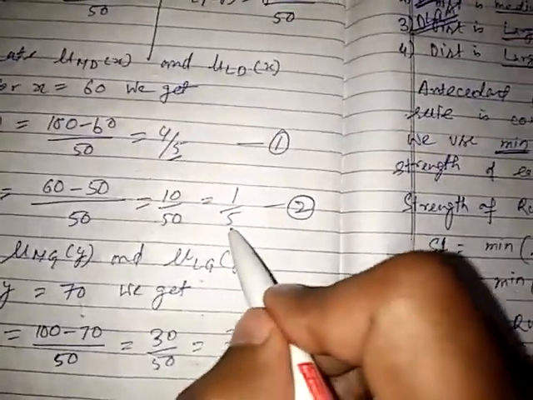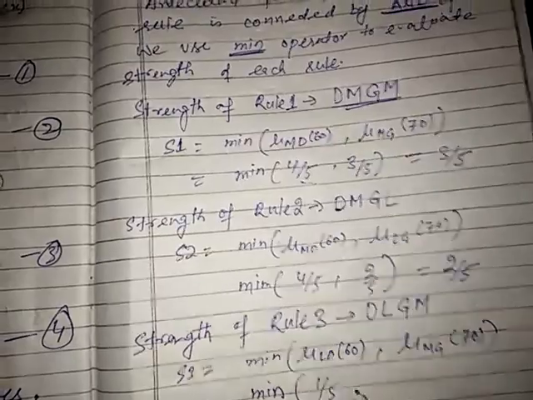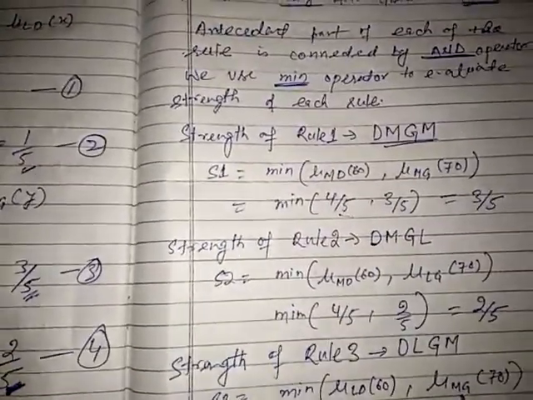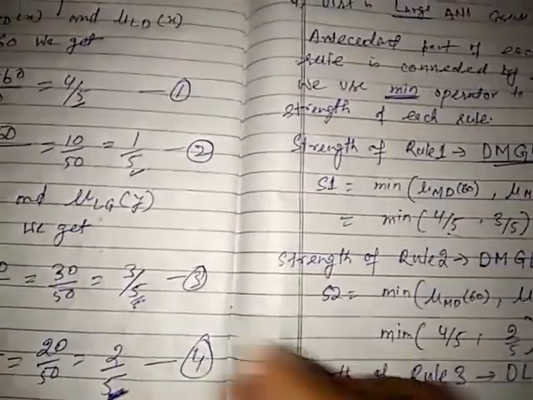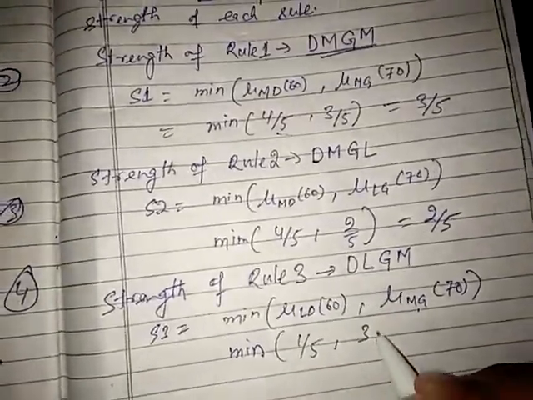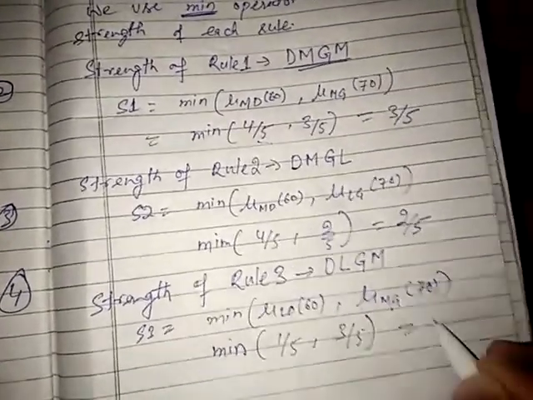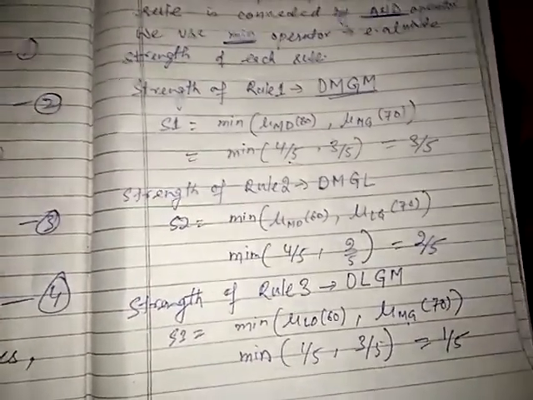Here the value of large dirt is 1.5, and the second value, medium grease, is 3 by 5, and the minimum value is 1.5.